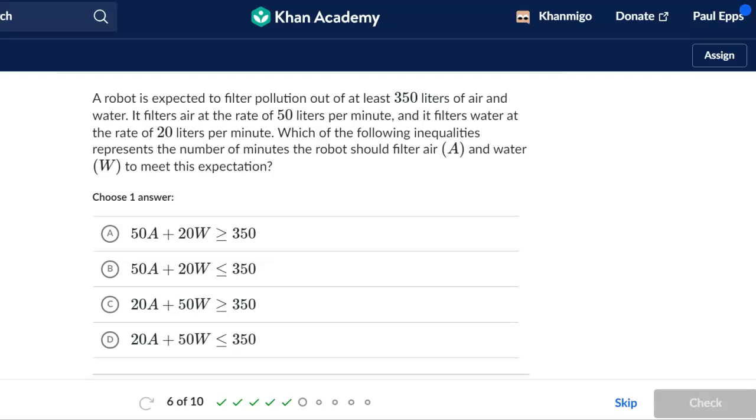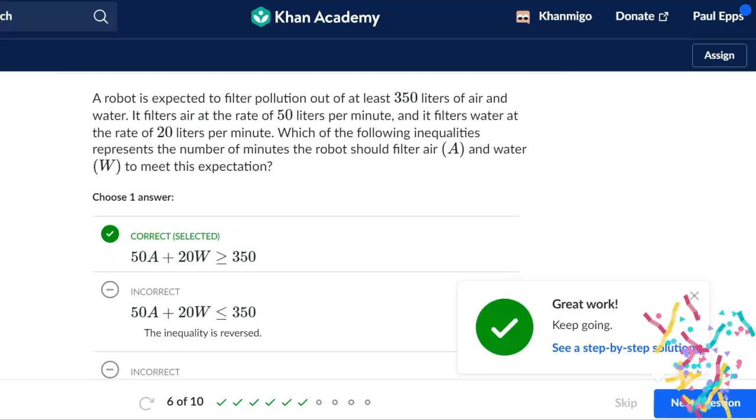And we add them together, 50A plus 20W, and it's got to filter at least 350 liters. So that is greater than or equal to 350, and the answer is A.